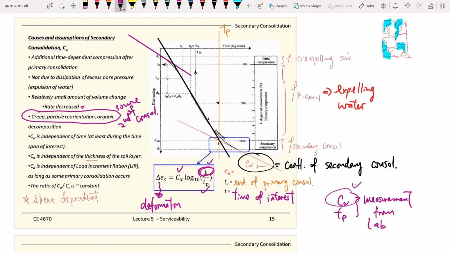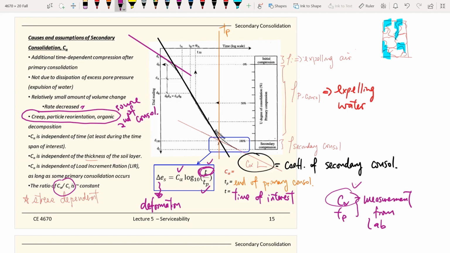And C sub alpha is independent of time and independent of the thickness of the soil layers. Also very important is the ratio of C sub alpha to C sub C, the compression index. You can get the compression index from the e-log p curve. We talked about that in 368.